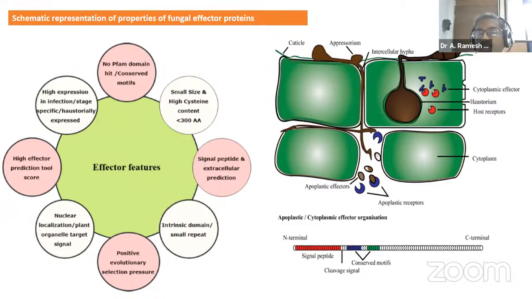Of course, there are also effectors which are delivered to the cytoplasm, as well as to the nucleus. In fact, nowadays the computational tools, the bioinformatics tools, have come in handy, and lots of prediction platforms are available, which help us to zero in on the specific effectors, predict them, identify and then functionally annotate them.